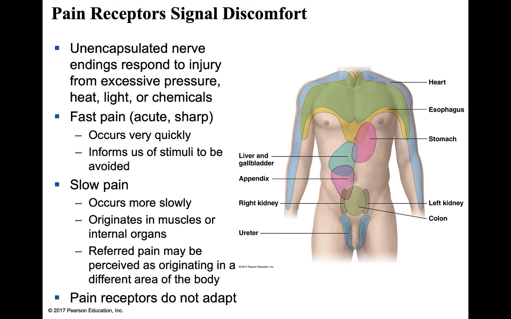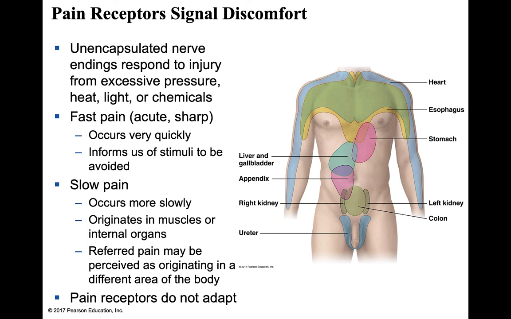Now, slow pain, on the other hand, is pain that occurs much more slowly, and it's coming from muscles or internal organs. Some examples might be the pain that a person experiences from cancer, or more specifically, you may be familiar with the pain related to someone experiencing a heart attack. We refer to that as referred pain.